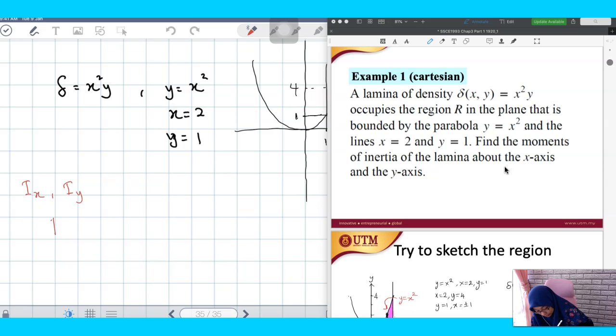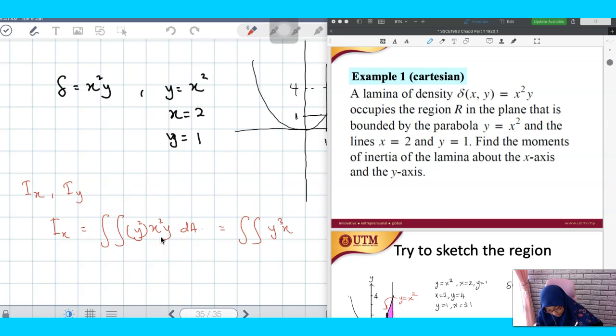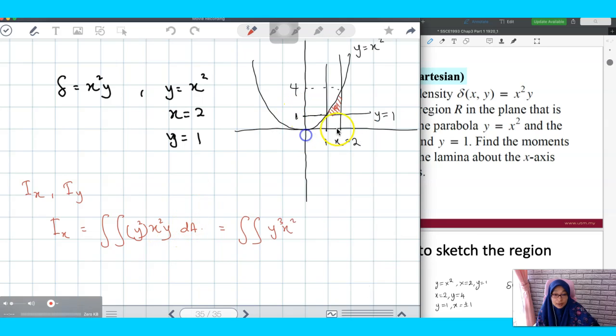Let's solve for Ix first. It is a double integral of the density function x squared y, and because they ask for Ix, you multiply by y squared dA. When you simplify this expression, you get y cubed x squared. Then, what about the order of integration?